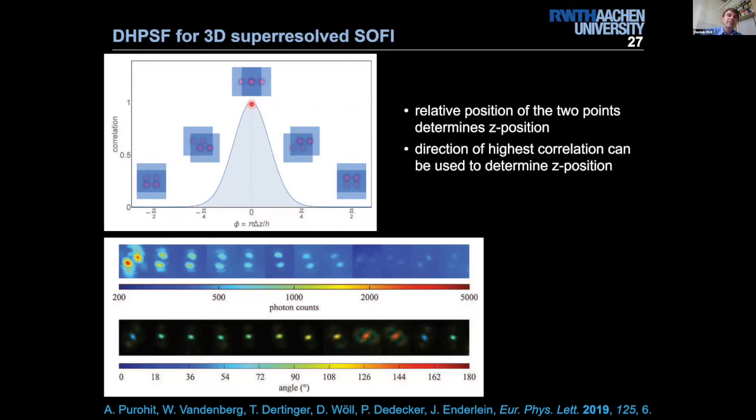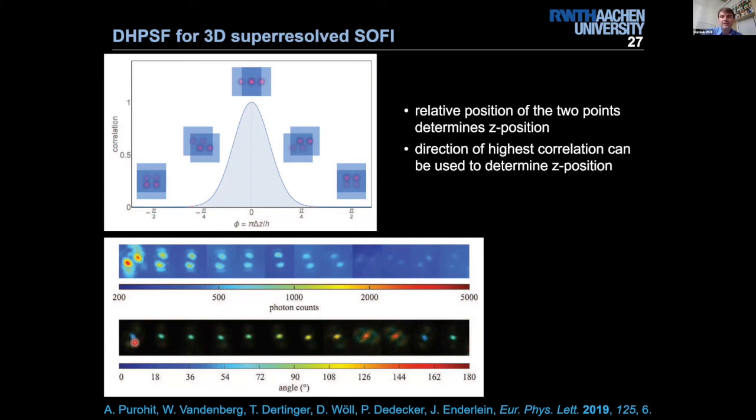And this correlation then gives you some information about the z position of your emitter. In this first brief communication, we just showed that this is principally possible, and you basically get also a z resolution, no matter if you make the analysis with the two loops and the angle, or you make this image correlation analysis.